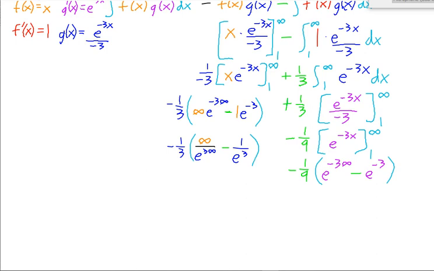And then over here, minus 1/9, and then rewrite each of these: 1 over e to the 3 times infinity, minus 1 over e cubed. So here, to analyze this one, infinity over 3 infinity.